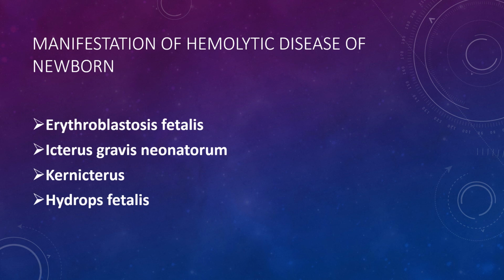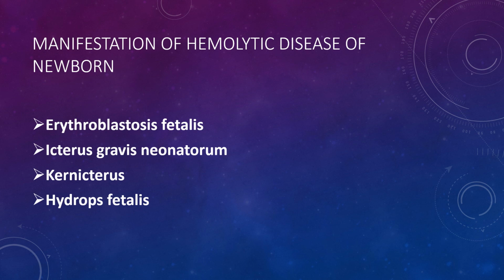So these are the four types of manifestation, and according to the severity of the hemolytic Rh incompatibility and the agglutinogen and agglutinin reactions, these different types of manifestations take place. One is erythroblastosis fetalis, when more and more immature RBCs are present in the blood circulation.